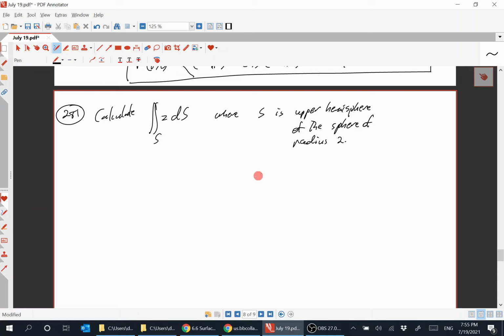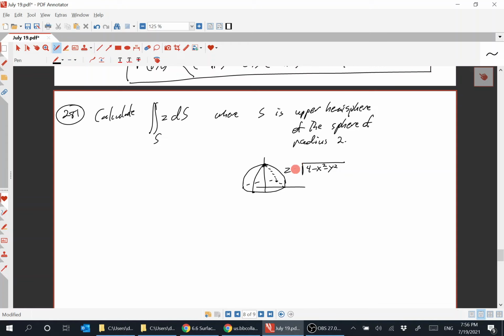All right, so first we parameterize, and because it's just the upper hemisphere, z is equal to the square root of 4 minus x squared minus y squared.